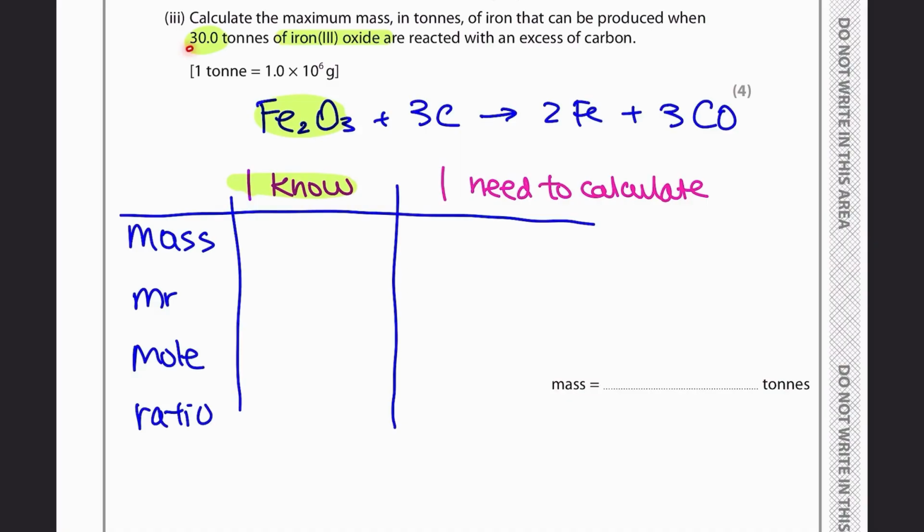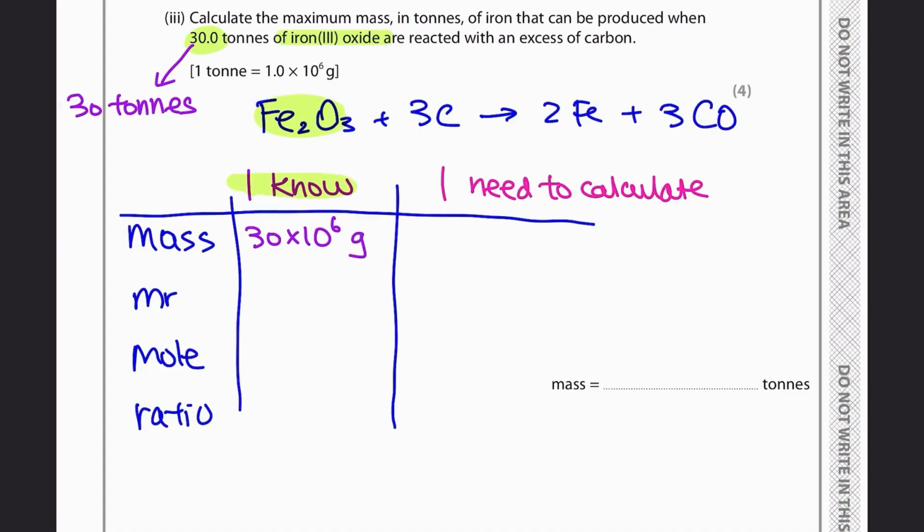So if it is 30 tons, then it's telling you here that 1 ton is 1 times 10 to the power of 6 grams, so 30 tons would just be 30 times 10 to the power of 6 grams, right? So that's my number here, 30 times 10 to the power of 6 grams.